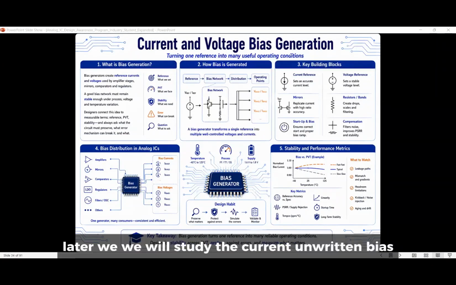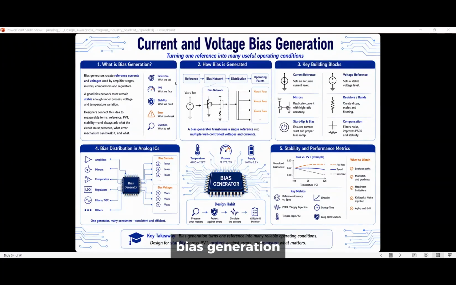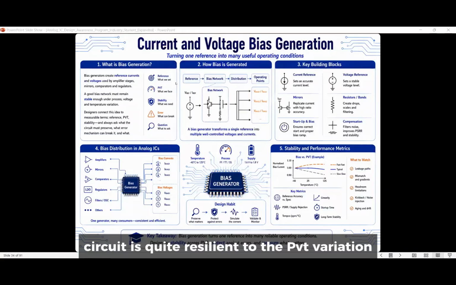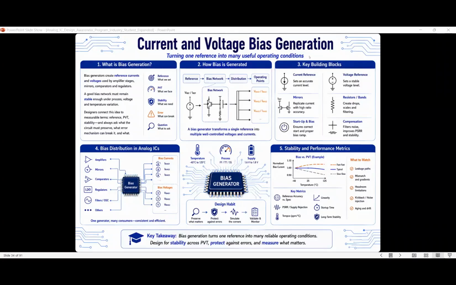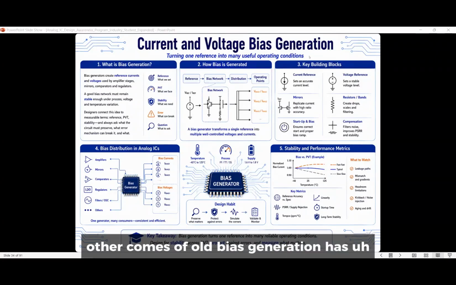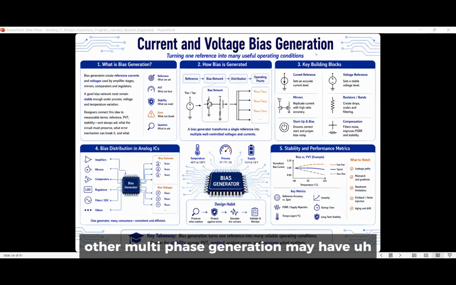Later we will study the current and voltage bias, as we have mentioned. Some bias generation circuits are quite resilient to PVT variation, but generate higher noise and must stack multiple transistors. Other voltage bias generation may have good accuracy, but might generate lower noise.